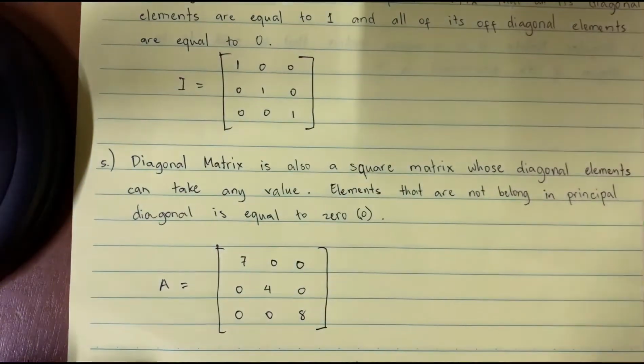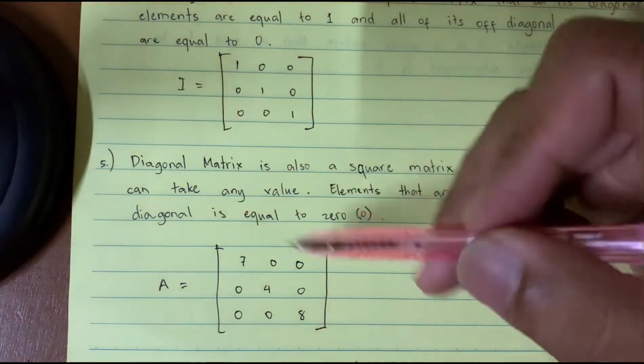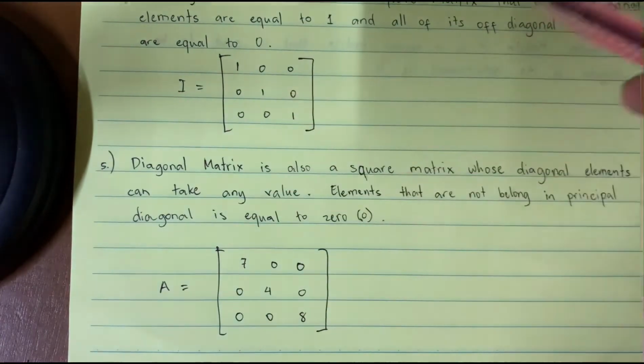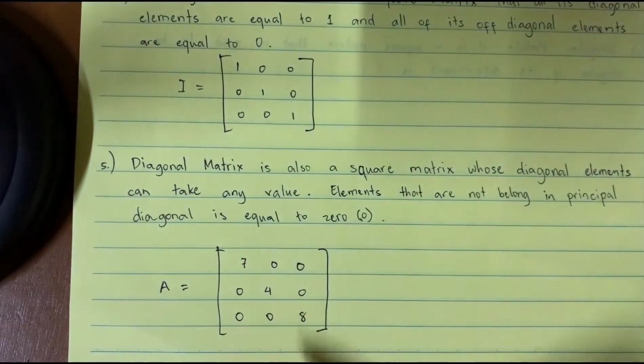Yung main diagonal daw ay kahit anong value: 7, 4, 8. Yung nasa labas naman ng diagonal is equal to 0.